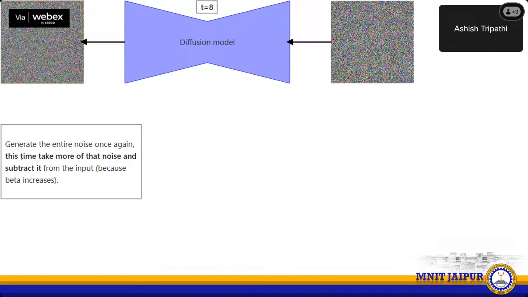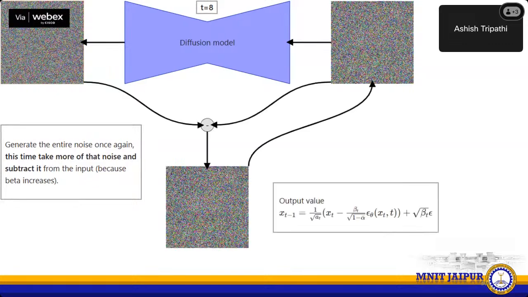Again, this is entirely noise. Again, we are getting the same kind of image. We are still not able to retrieve the features. You remember the point that we have a very small value of beta in the initial stage, but in the later stages we keep on increasing the value of beta.